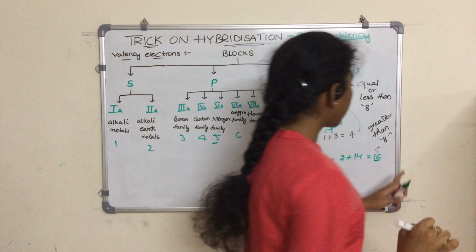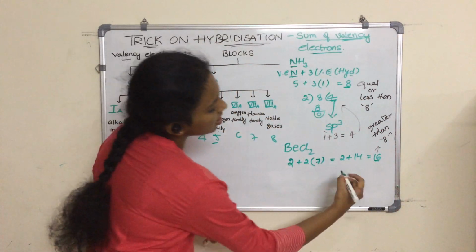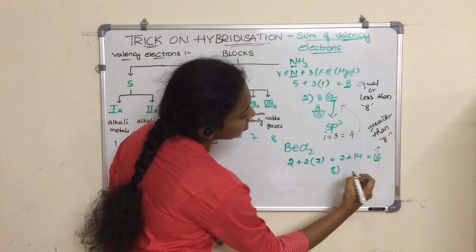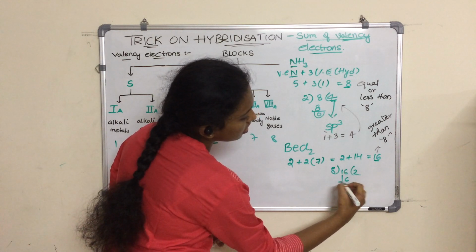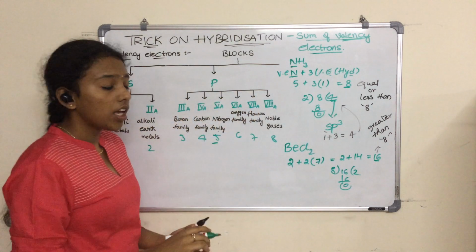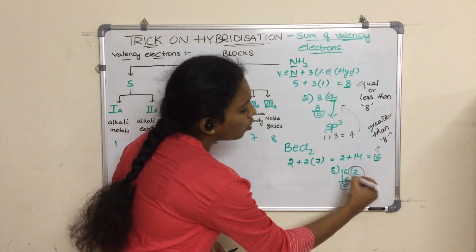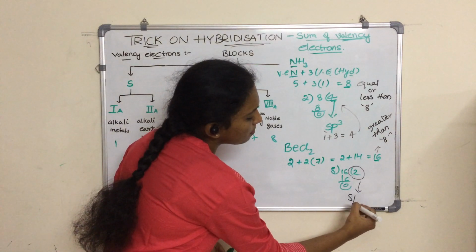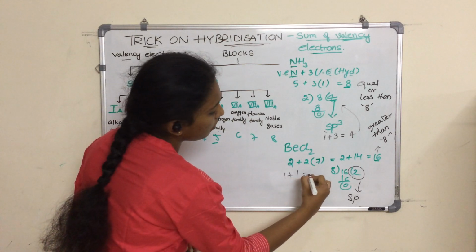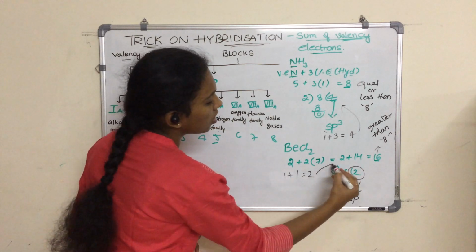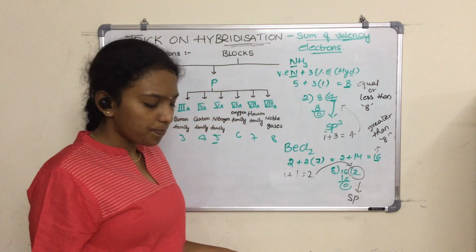This 16 is greater than 8, so just divide that 16 by 8. Here we get 2, so 2 is sp. That means 1 s plus 1 p, which gives you 2.